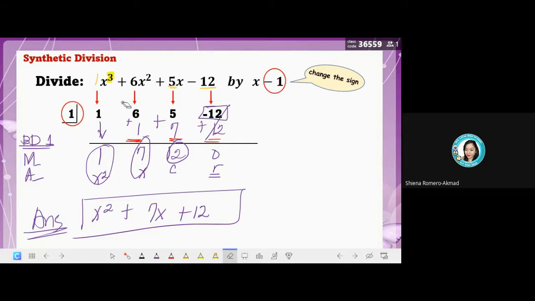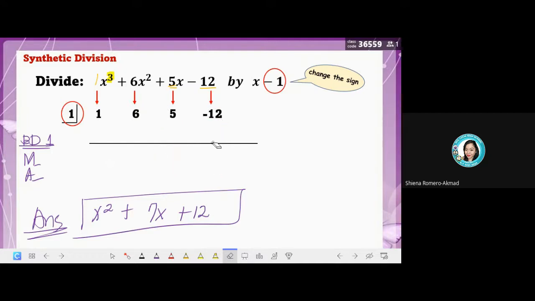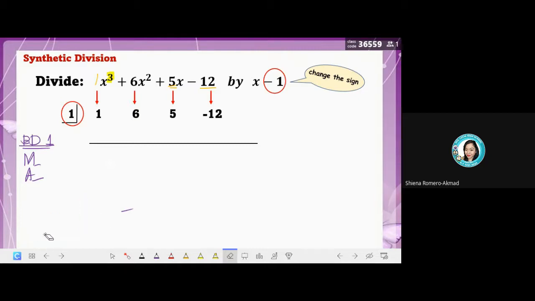Okay, pwede ko na bang burahin? So, bring down once, multiply, add, multiply, add. Ganun lang po kasimple yung step niya. And pareho lang to nung kanina. Papakita ko sa inyo mamaya kung bakit pareho lang sila. So, bring down, multiply, add, multiply, add. Multiply, add.